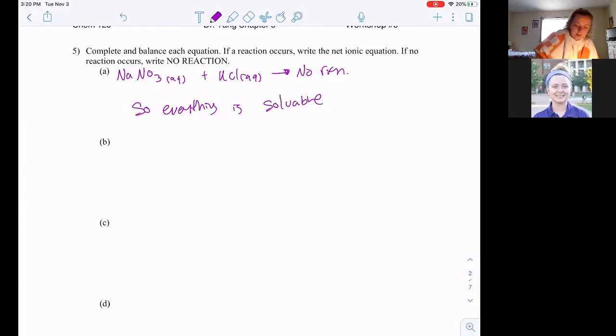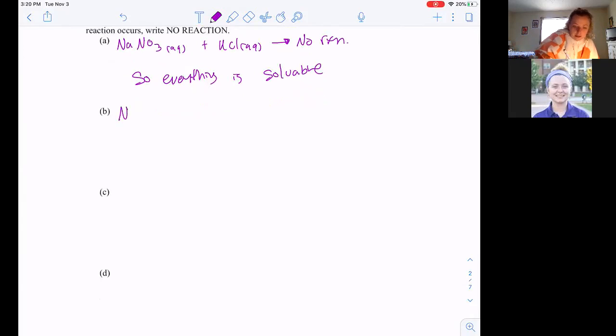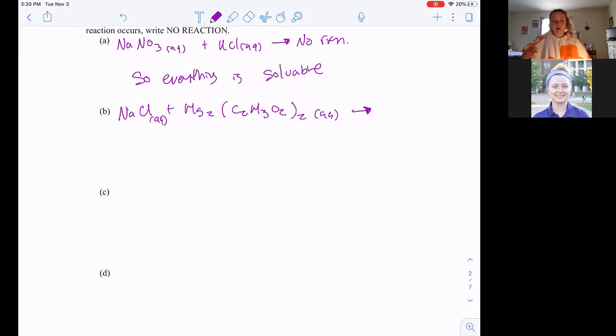So this next one is NaCl plus Hg2(C2H3O2)2, both aqueous. I'm sure you guys know how to balance the equation, so I'm going to leave that for you to figure out.